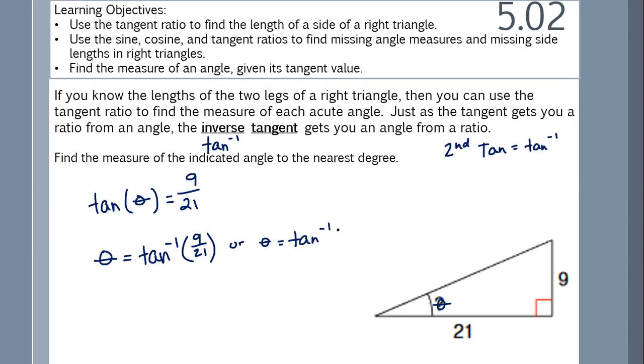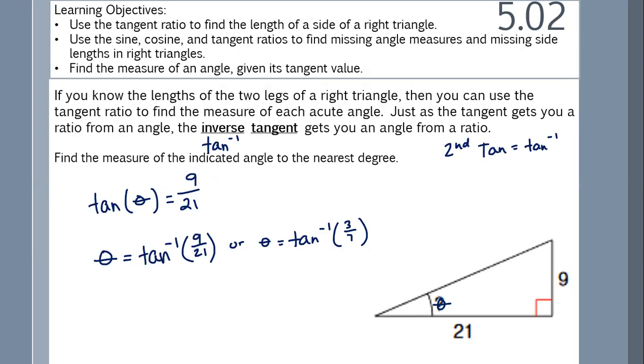That works as well. You can go ahead and do 9 divided by 21 and put that decimal in. I'll be honest with you, I'm not a big fan of doing it that way, because you're rounding the decimal and then you're rounding your answer, so you're going to be a little bit off versus just rounding once. I prefer to round once.